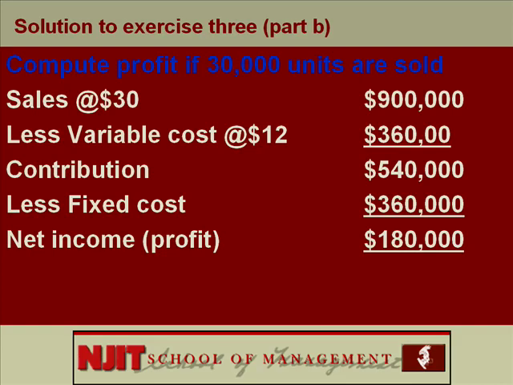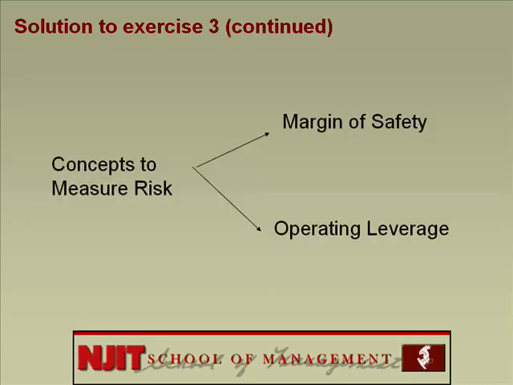Let's have a look at the next part. They wanted, in part C, you to figure out the margin of safety. I need to give you some background. There are two concepts which are popularly used to measure risk, to answer the question, how risky is this company?